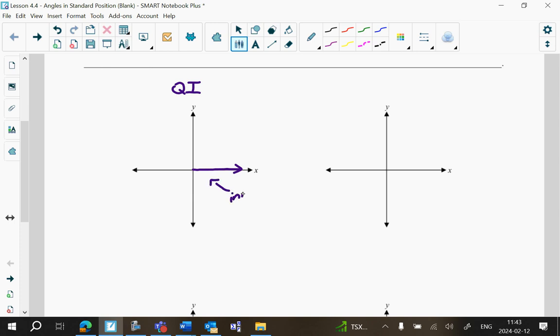That's the arm where we start measuring from. And it will start at the origin. The second arm of the angle has to come out from the same point, the origin. Okay, let's say we're going to measure in quadrant 1, which means my arrow has to come out somewhere in quadrant 1. That's called the terminal arm, or the ending arm.